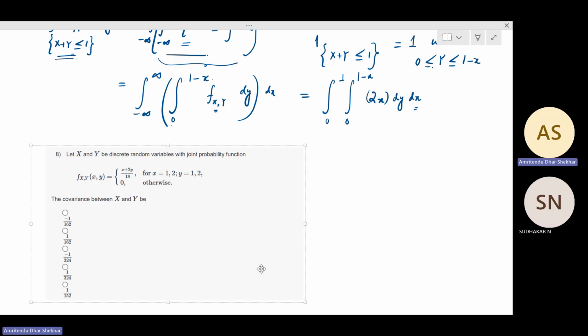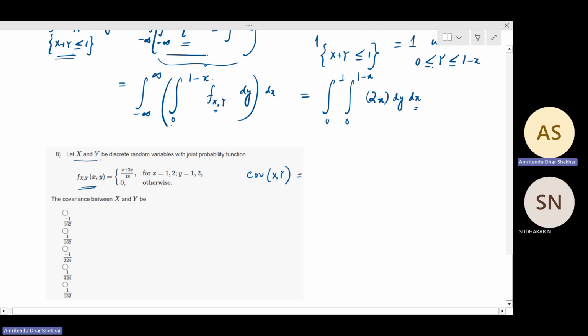So here again, we are given a joint distribution with a joint PDF, and we want to compute the covariance of x comma y. So recall the definition of covariance.